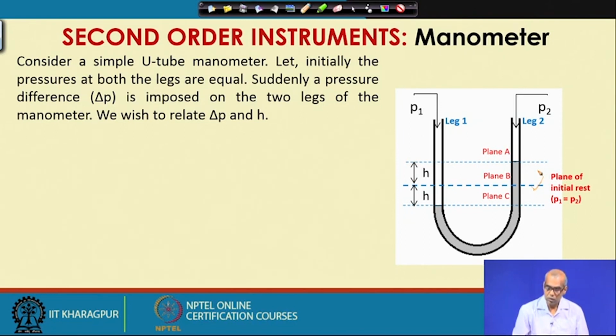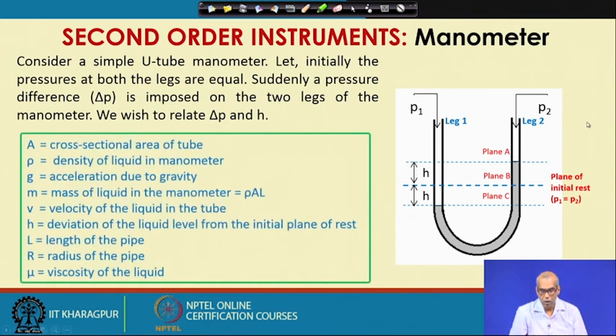So, now there will be a difference of manometer liquid level, that is the output of the manometer, and that is this 2H or H around the plane of initial rest.